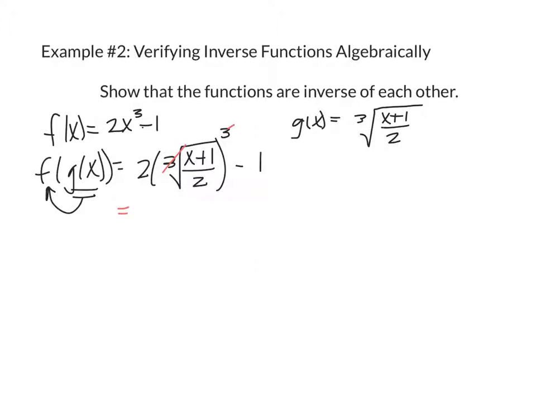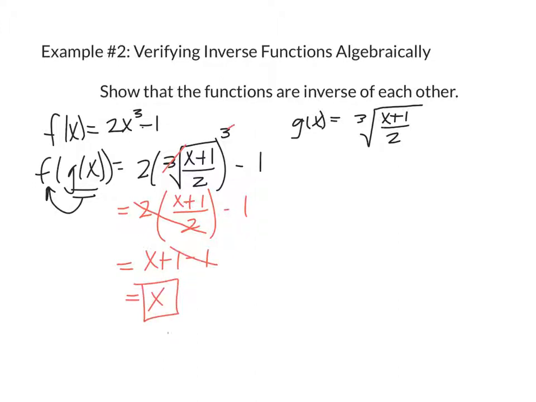That will leave us with 2 times x plus 1 over 2, and then it's still minus 1. Since I'm multiplying, my 2 and my half cancel, and that leaves me with x plus 1 minus 1, and then the 1's will cancel to give me x. So that's what I wanted.